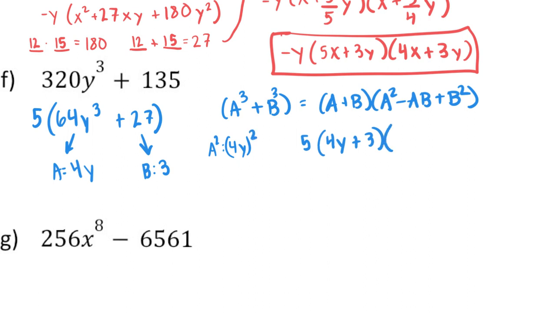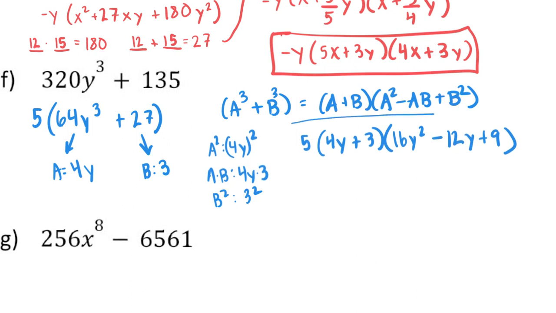So that would give us 16y squared. A times b is just my 4y times 3. So that's minus 12y. And b squared is just 3 squared, so that is easy. That's just 9. And there is our factoring of our cube.